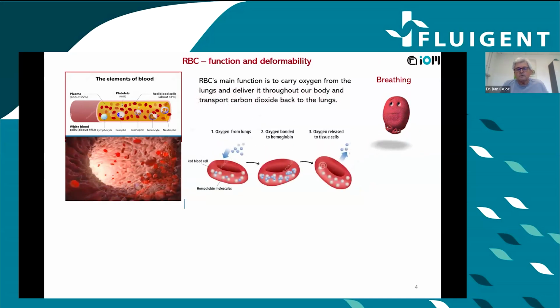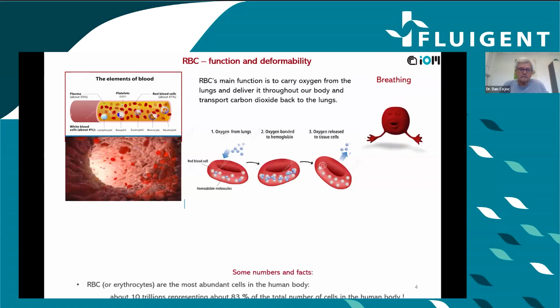This occurs by the binding of oxygen molecules to hemoglobin, and then these oxygen molecules are released in the capillaries near the tissues because of the pH change, but also because of the mechanical constraints.